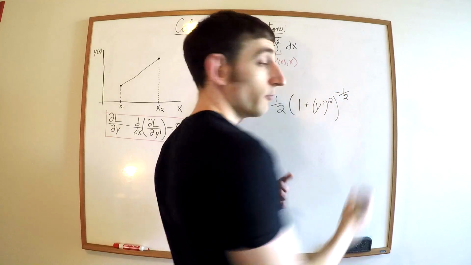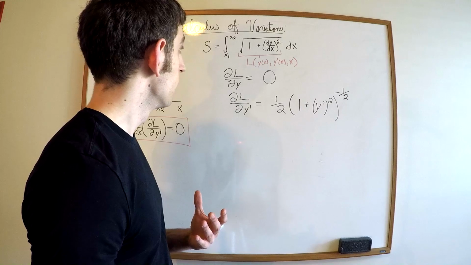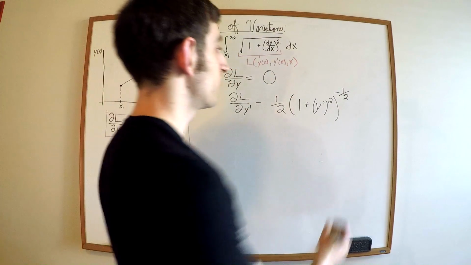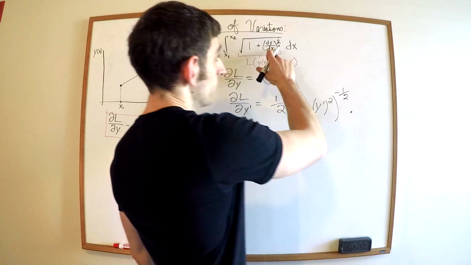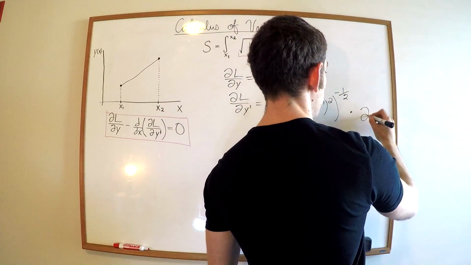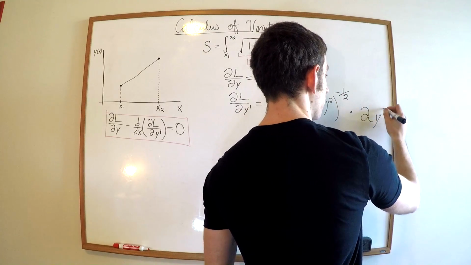So we take the 1/2 and subtract 1, remember. Then we use the chain rule, so we take the derivative of the inside, which is y prime squared. So we end up with 2, not a partial, 2y prime.